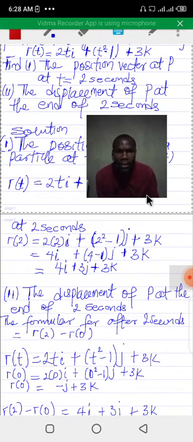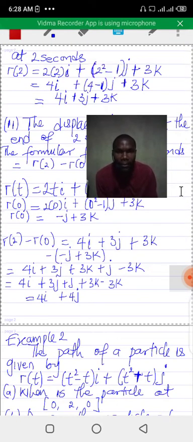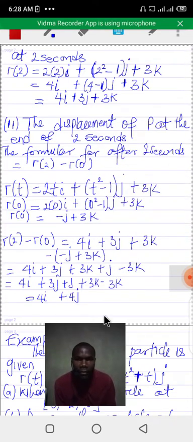We proceed to find the second value, the displacement of P at the end of 2 seconds. The formula for displacement after 2 seconds is the value when t = 2 minus the value when t = 0. The position vector given is 2t i plus (t² − 1) j plus 3k. At t = 0, we substitute 0 into it and get −j plus 3k.